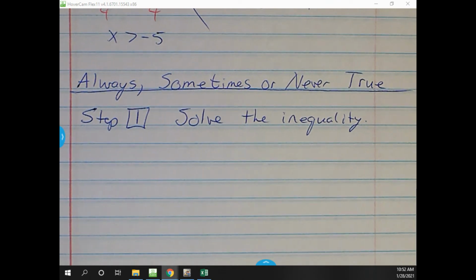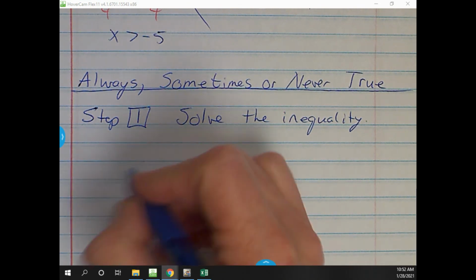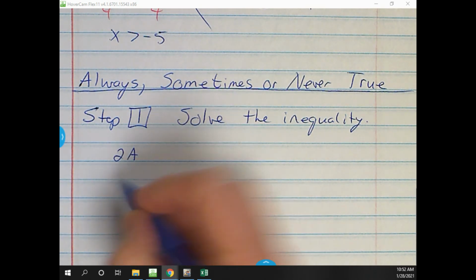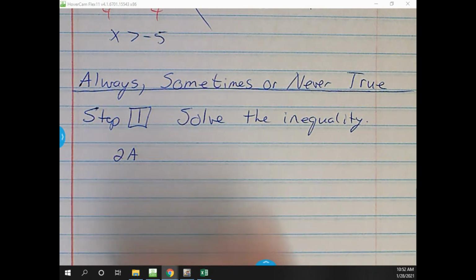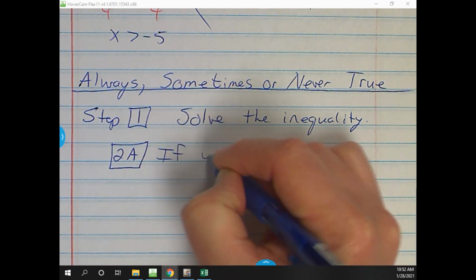Okay, after you've solved the inequality, then you basically have 3 options. And you can kind of split it up into 2 parts. Here's a step 2A, and then we've got one part that's here, and we'll go with the rest of it. For 2A, we'll say it this way.